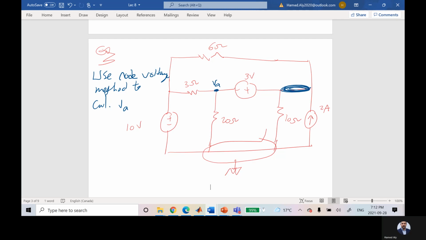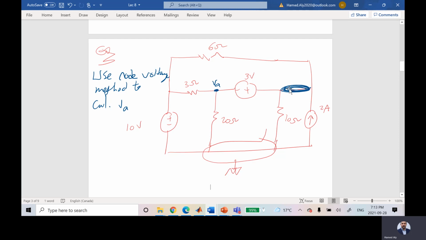So, for solving, use the node voltage method. The method says I have to choose one of my nodes to be the reference. He was nice and he gave me the reference node. Then the second step, I have to define all node voltages with respect to the reference node. So this guy is defined. He gave it to me, it's VA.